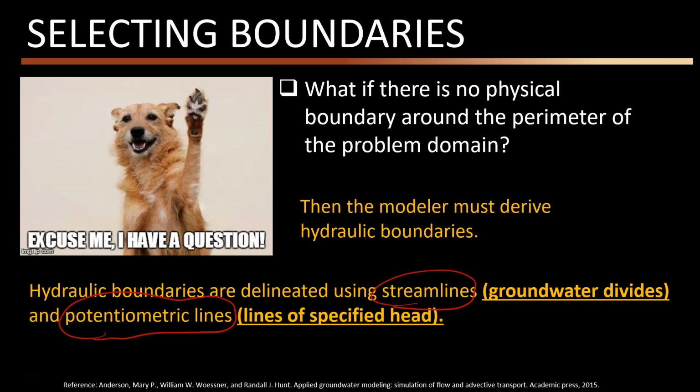If you remember, once we talked about the interaction between the rivers and the aquifers, we said that one way to look at this problem is to define a groundwater divide at the river due to the form and shape of the streamlines.